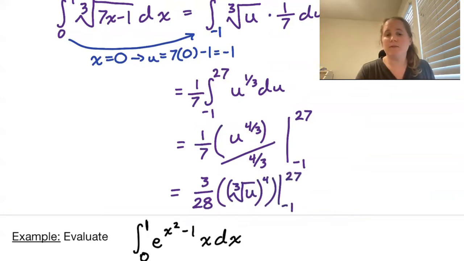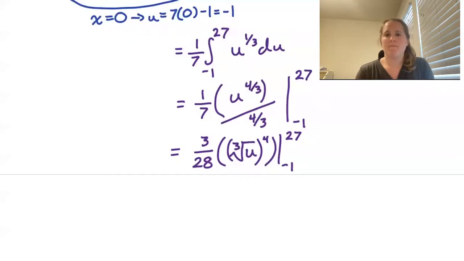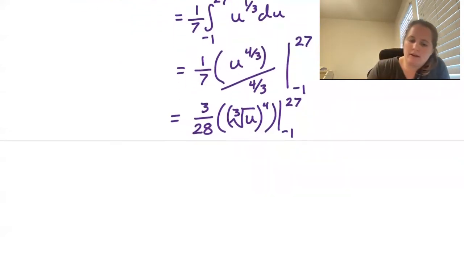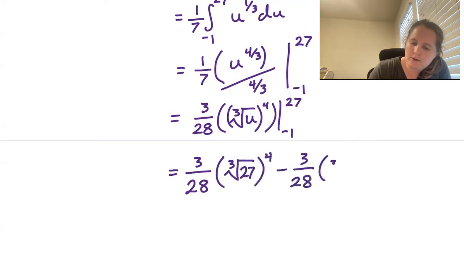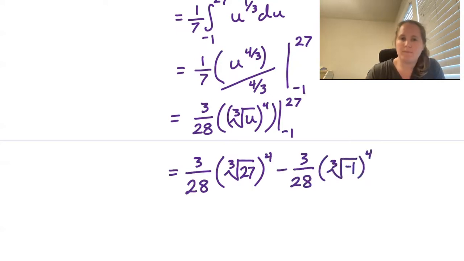I need to give myself just a little more room. Plugging in, we have 3/28 times the cubed root of 27 raised to the 4th minus 3/28 times the cubed root of -1 raised to the 4th.